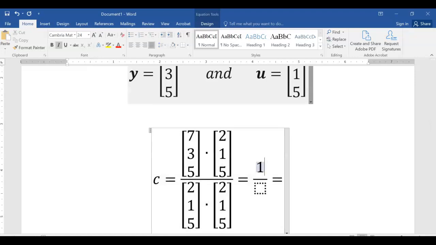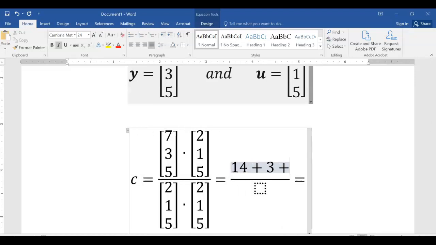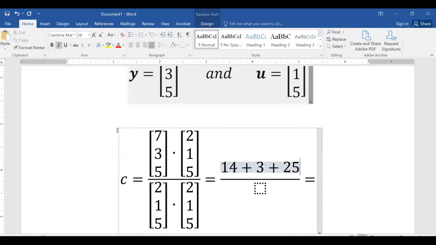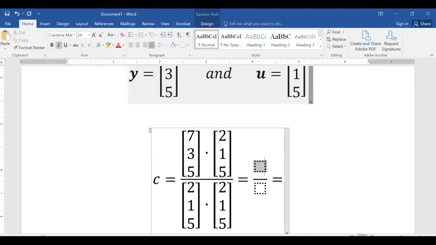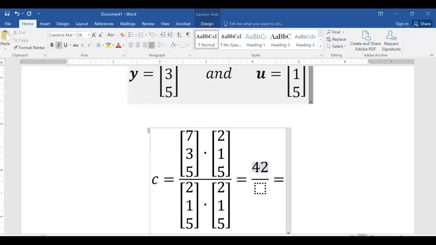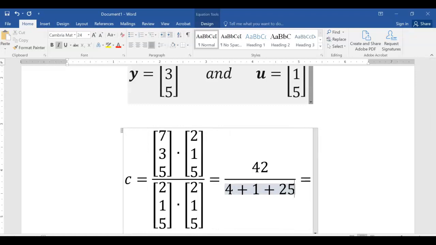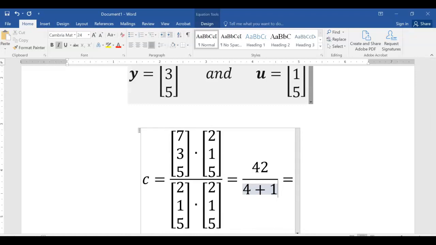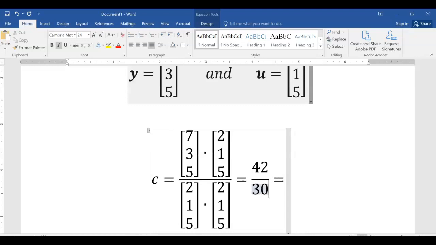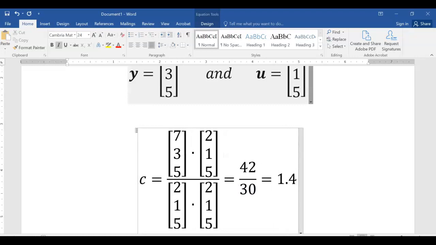That gives me 14 plus 3 plus 25, which is 42. Then I get 4 plus 1 plus 25, which is 30. 42 divided by 30 is 1.4.